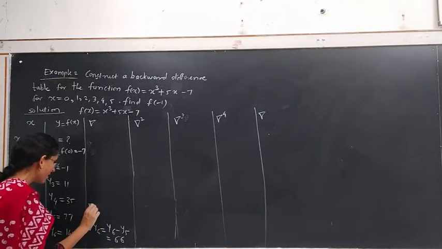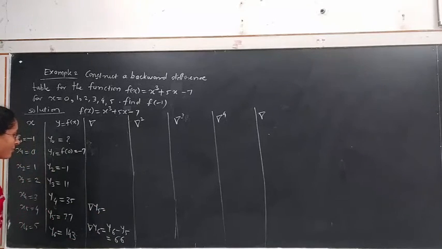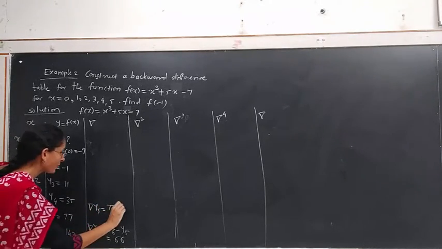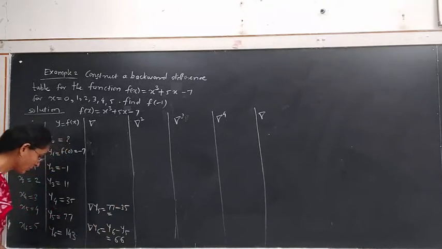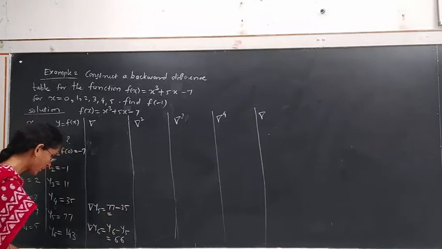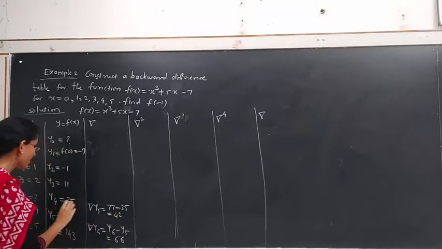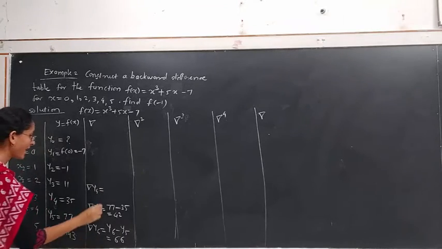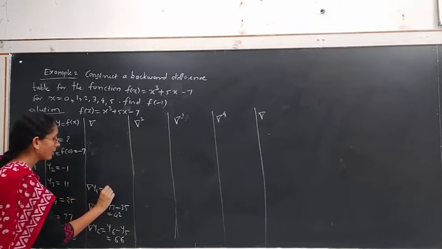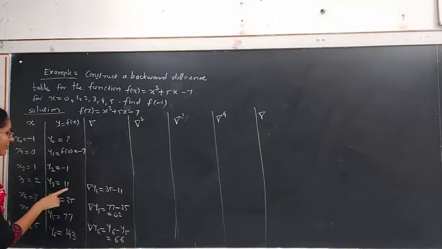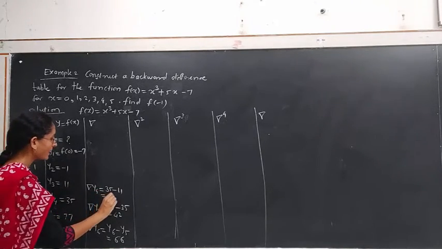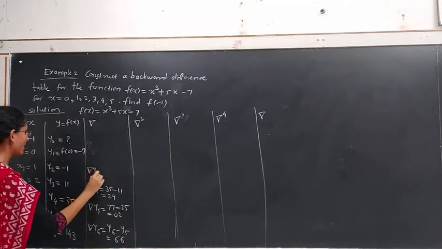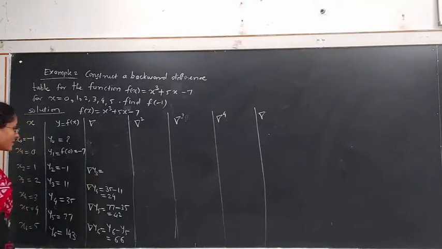Next we get del y5. This is y5 minus y4, which is 77 minus 35, equal to 42. Next value is del y4, which is y4 minus y3. The y4 value is 35, and y3 value is 11, which is equal to 24. Next value is del y3 equal to y3 minus y2.